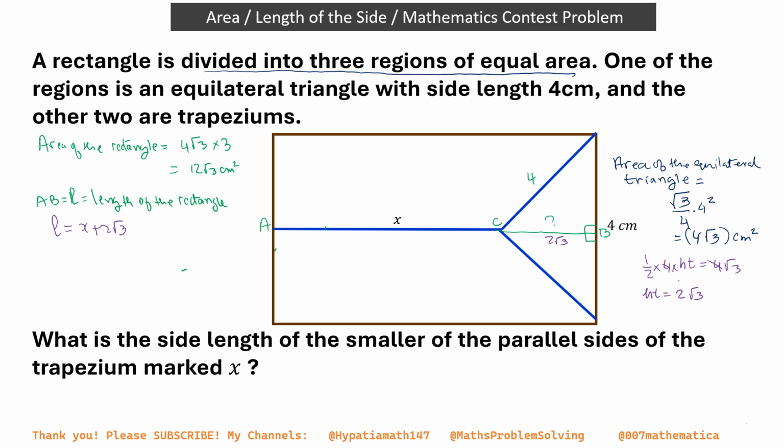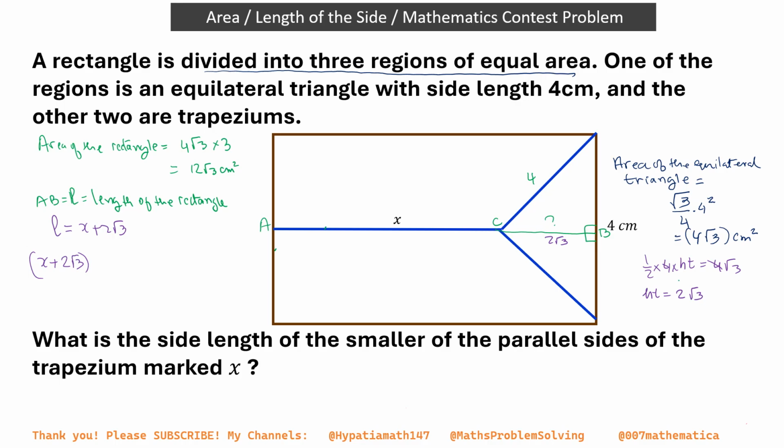So what I will do is, I know the area of the rectangle and I will use that to find x. So x plus 2 root 3 is the length multiplied by the width, whichever you call it. I think I did it the other way around, but it doesn't matter.